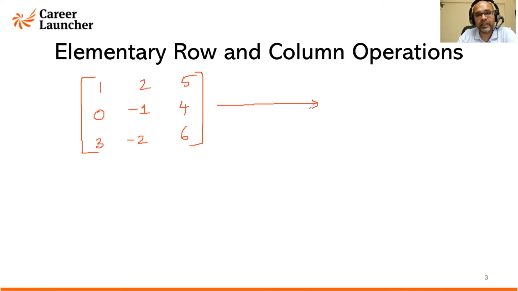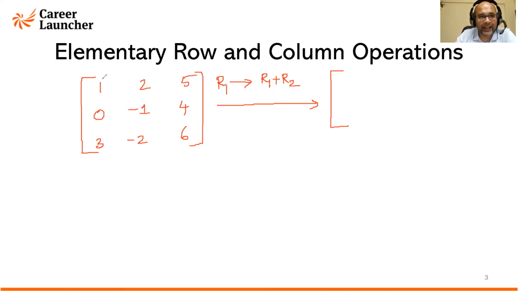An example being, I can write row 1 as row 1 plus row 2. I can do this and the matrix will still remain the same. What is the meaning of this? I am adding the two rows together and that answer I am putting in the place of row 1.